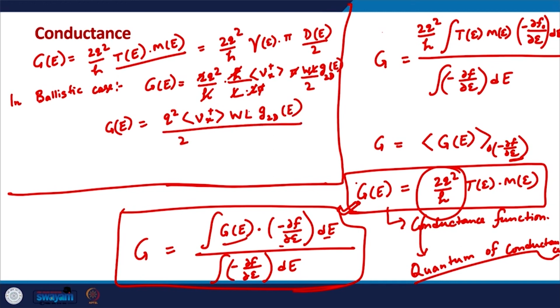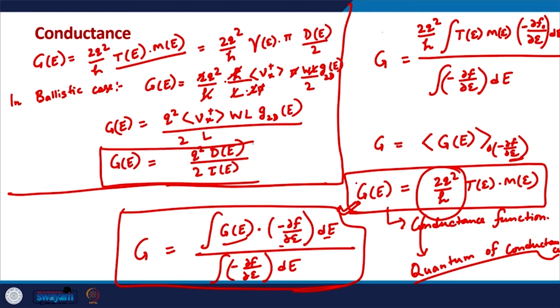If we keep the L, we need to divide by L, or this can alternatively be written as q square D(E) divided by 2 times tau(E), because tau(E) is L by Vx. So, this is the conductance function for the case of ballistic transport. This is also true in the case of diffusive transport. Just in the case of diffusive transport, tau(E) will be, instead of L by Vx, L square divided by 2 D_N.